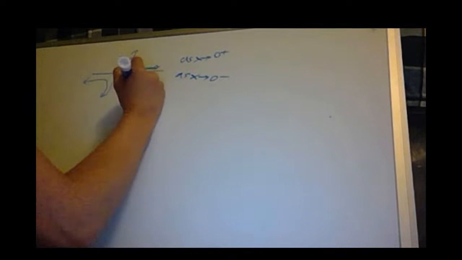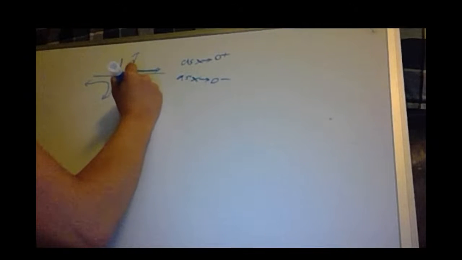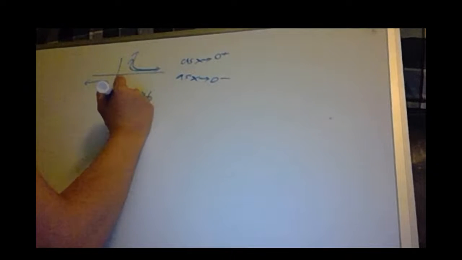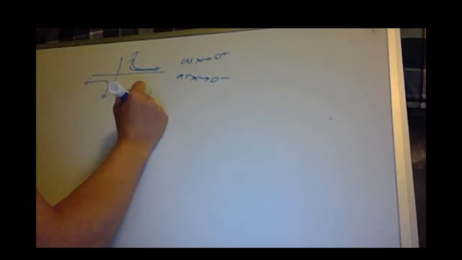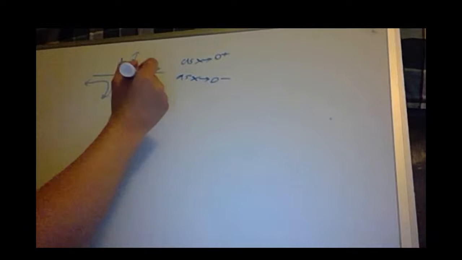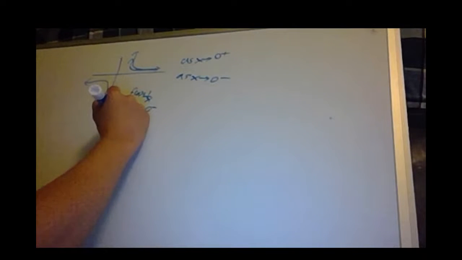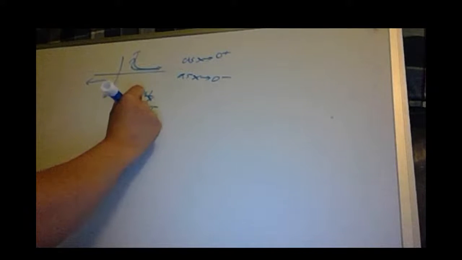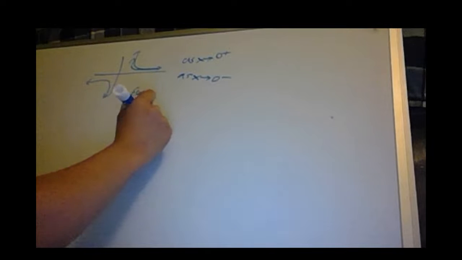So for example, f of x equals 1 over x. As x approaches 0 from the left side, y, or f of x, approaches negative infinity.